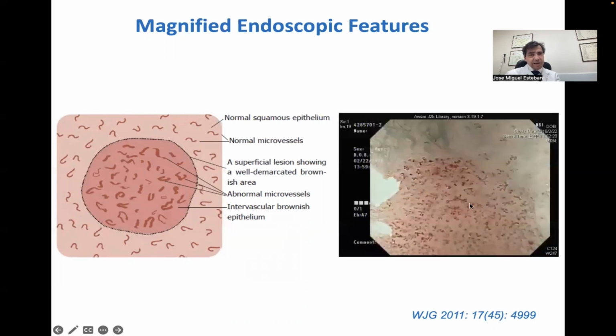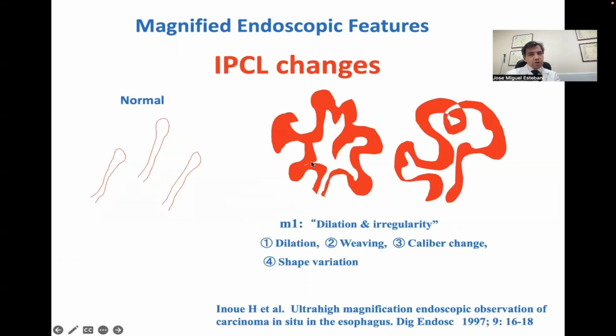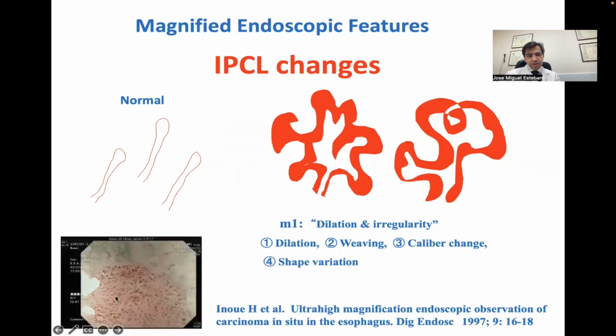Like in this NBI imaging, you will see these abnormal microvessels that go deeper. So you will see in the IPCL changes in dilation, irregularity, in terms of dilation, weaving, caliber change, and shape variation regarding the normal vessels like this.